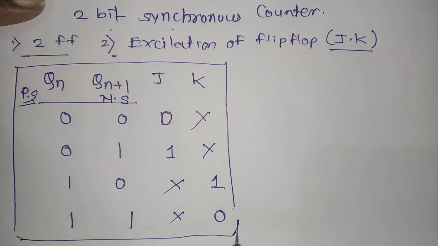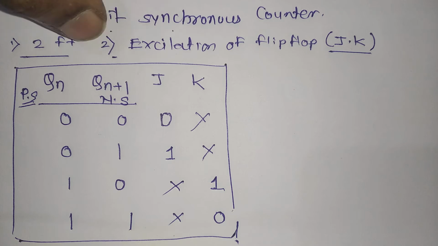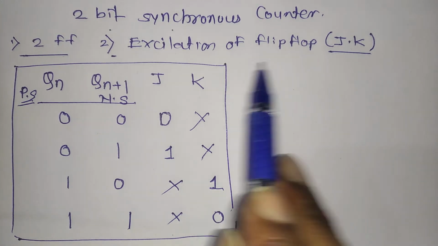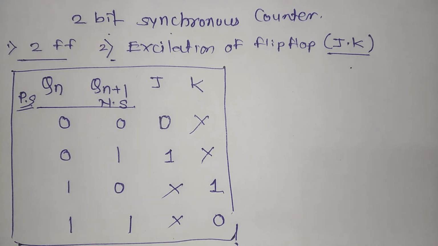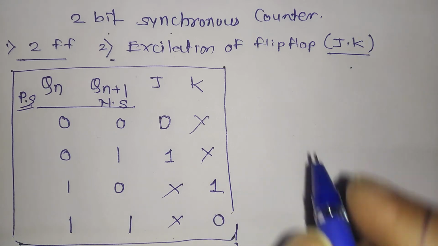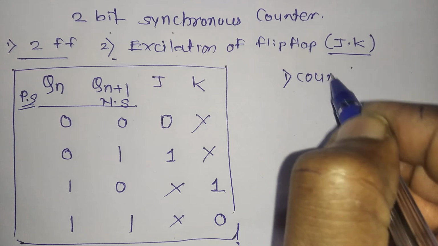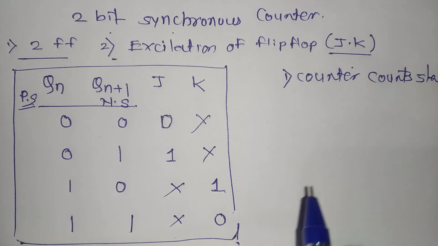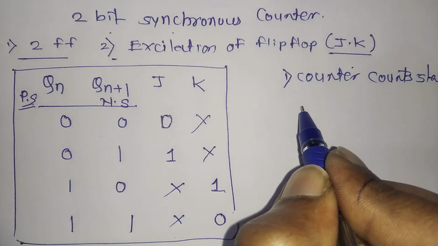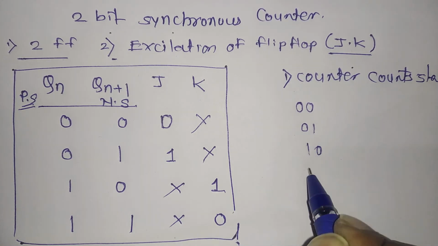Step number 1 is to find the number of flip-flops you are going to use to design the counter. Then use the excitation table of the flip-flop. In this case we are using the JK flip-flop. Then the third step is to count states. Now, if there is a 2-bit counter and it is an up counter, then the states are 0 0, 0 1, 1 0 and 1 1.